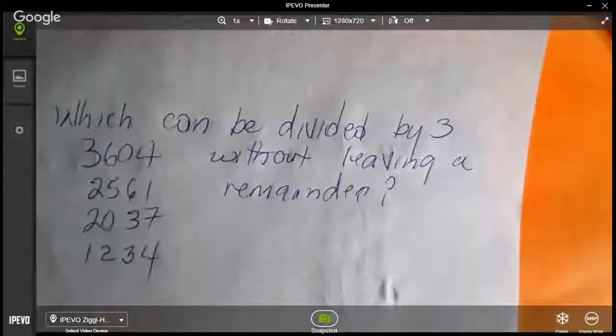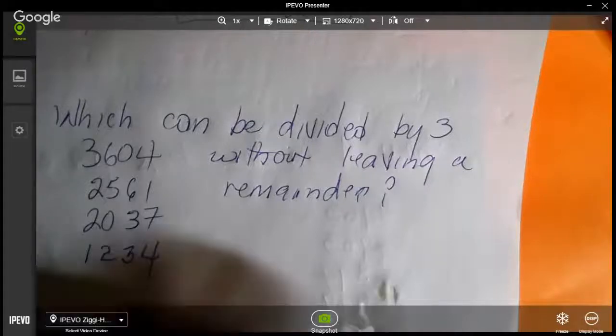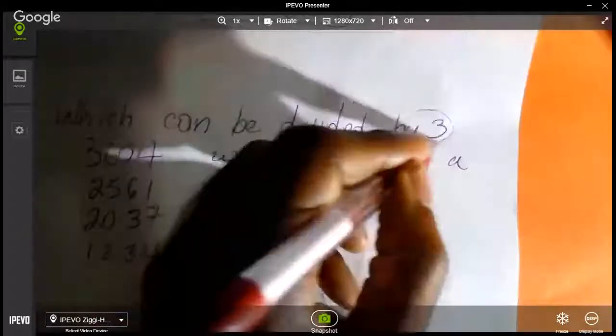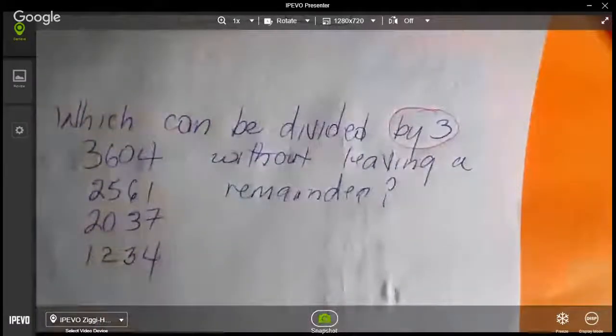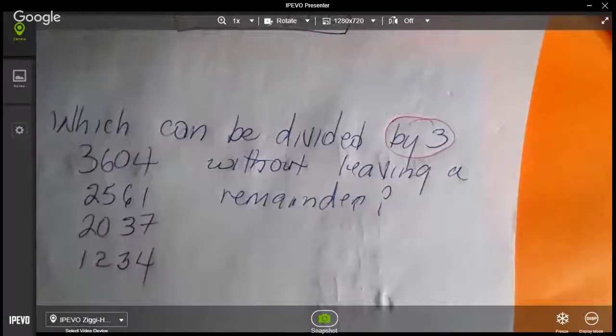Which can be divided by 3 without leaving a remainder? What's this question asking us to do? What rule or what do we need to know to answer this question? What topic? Divisibility rules. Okay, and it's divisibility by 3. All right. So which one of these? You guys tell me.